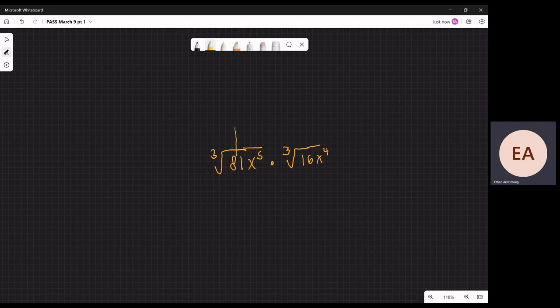So 81 does have 27 as a factor, and 27 is 3 cubed. So we can write that out as cube root of 27 times 3.